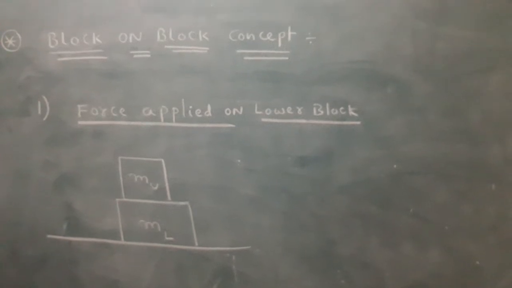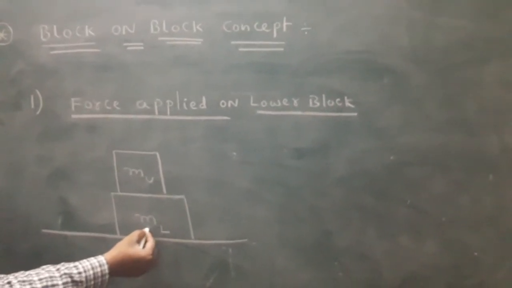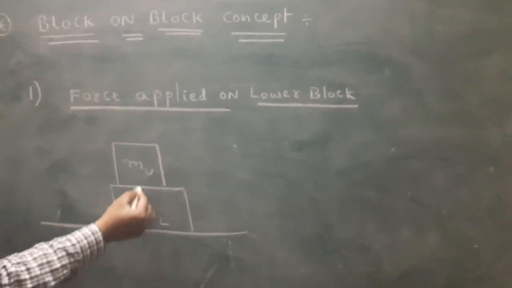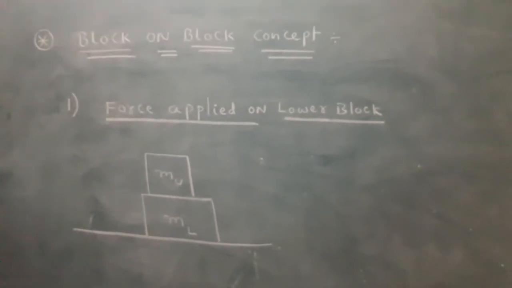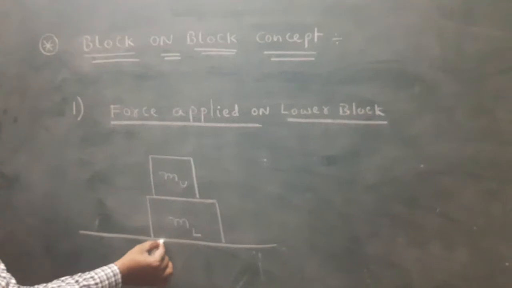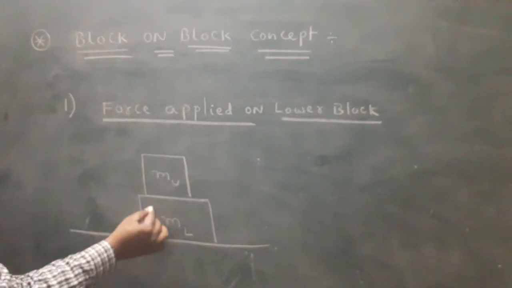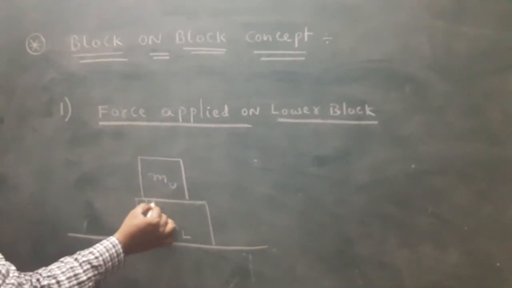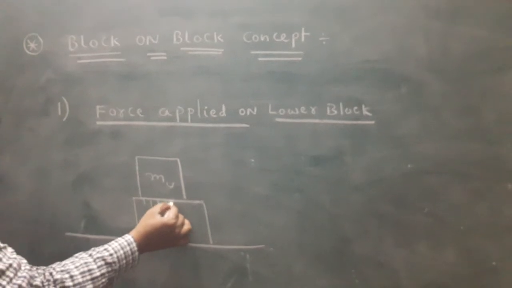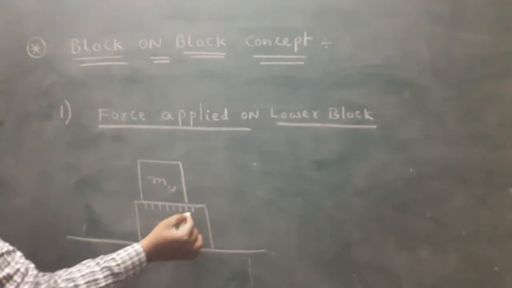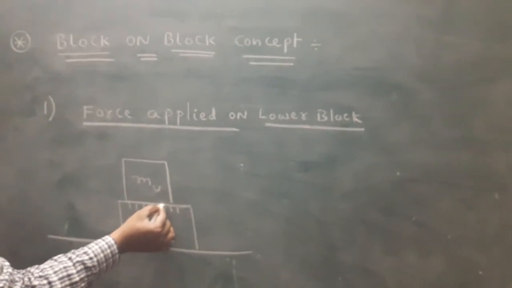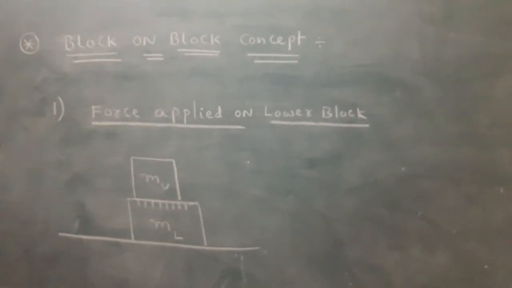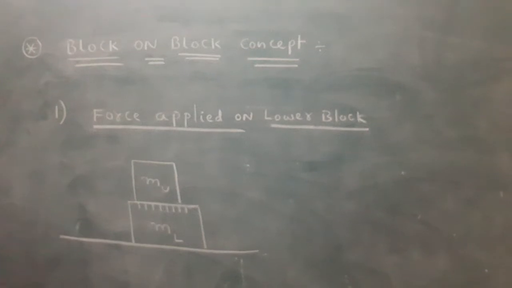Mass of the lower block is denoted by ml, mass of the upper block is denoted by mu. This surface is a smooth surface. This surface is a rough surface. Simply, between the blocks, the contacting surface is a rough surface.